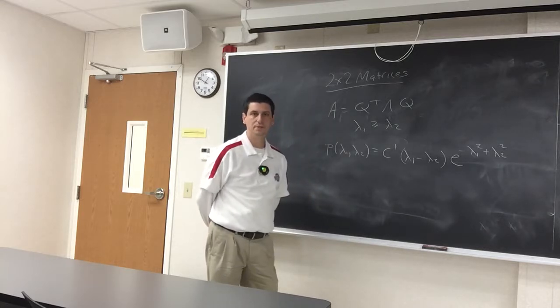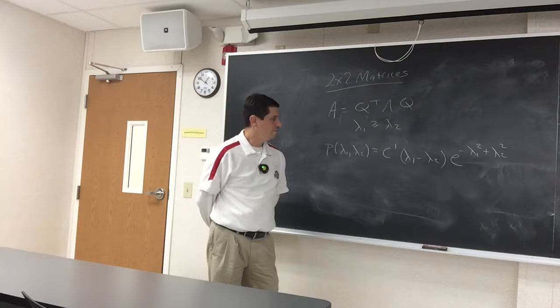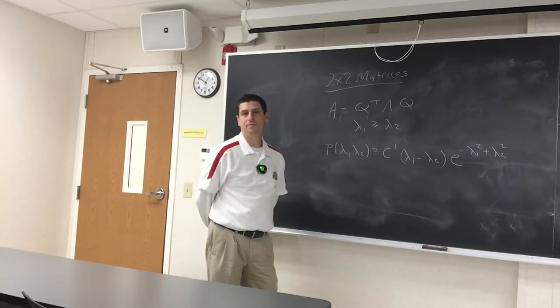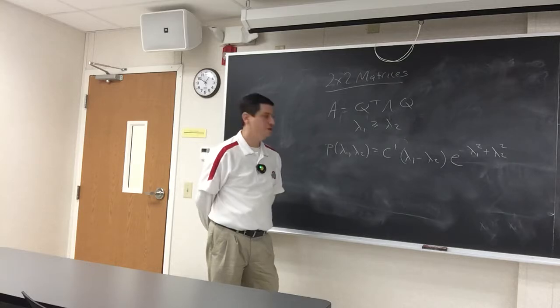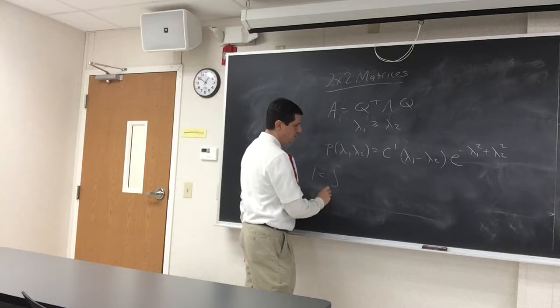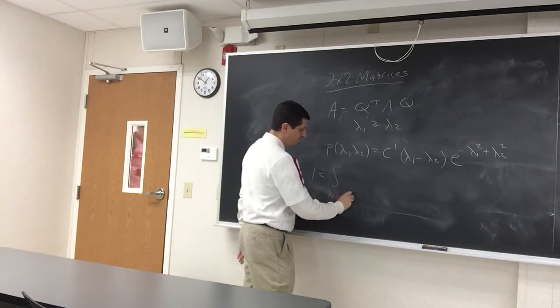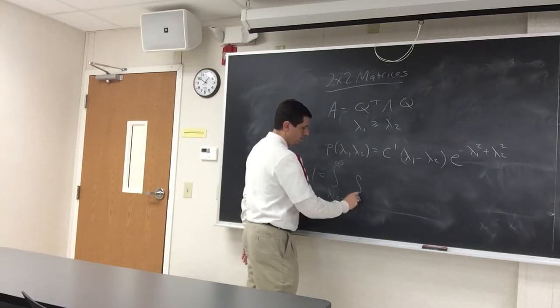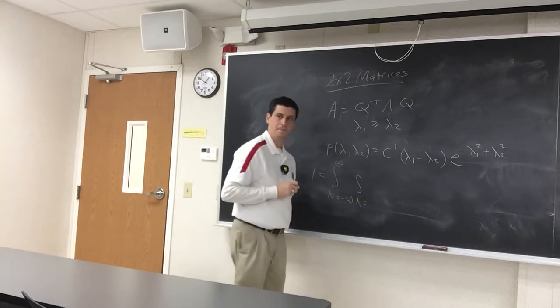Okay. And so the first thing we want to do is figure out what is C prime. So we need to do the integration. So 1 should be the integral. Let's do lambda 2 goes from minus infinity to infinity. Then what's the range for lambda 1?